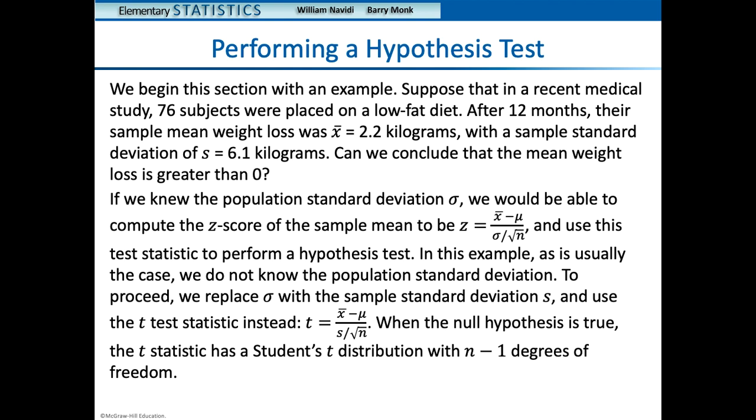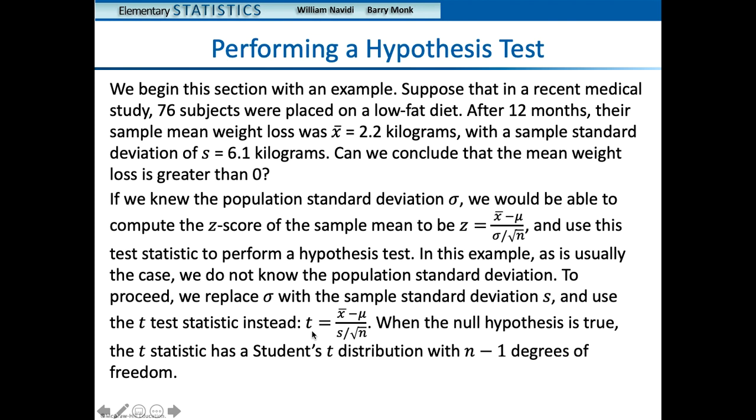But as we learned back in Chapter 8 when we covered confidence intervals, when you replace sigma with S in this formula, the resulting variable is no longer a normally distributed variable. It's one that follows the student's t-distribution.